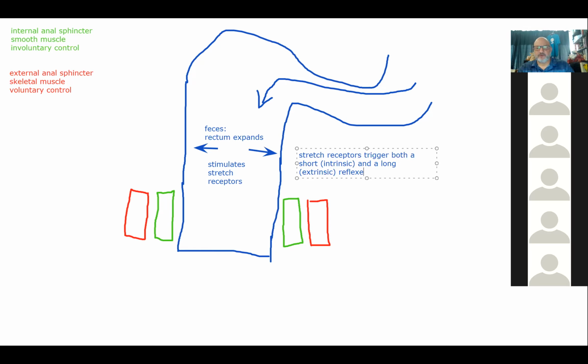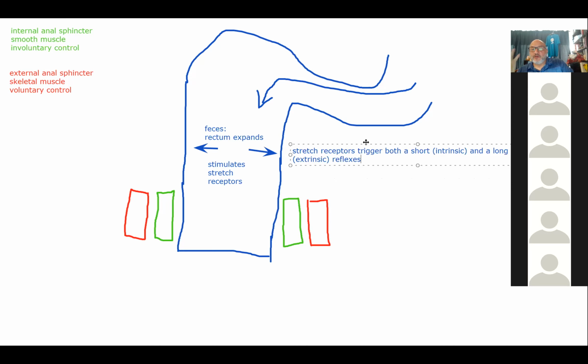Reflex is plural. So it is going to trigger both a short and a long reflex, a local, right, or intrinsic versus a long versus extrinsic, which is going to involve the central nervous system. Let's talk about the short reflex first.